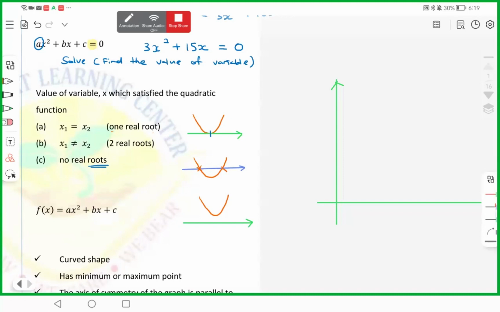Type 1, one real root, touching one point. Two real roots, you get x1 and x2, then you will have two intersecting points. No real roots is not touching. Clear? Okay.